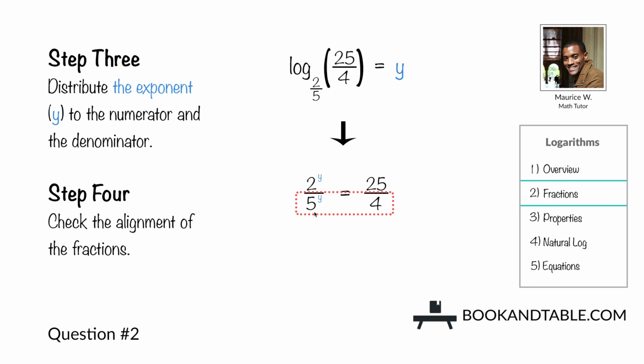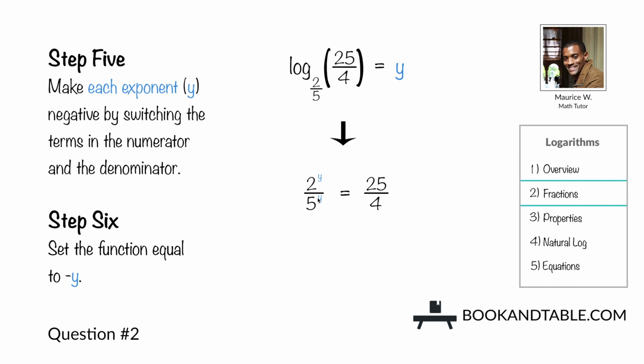And this base of 5 cannot get a product of 4, letting us know that we'll need to switch the terms in the numerator and the denominator over here. This will make each exponent y negative. And if we're making these y's negative, we need to make this y negative as well.